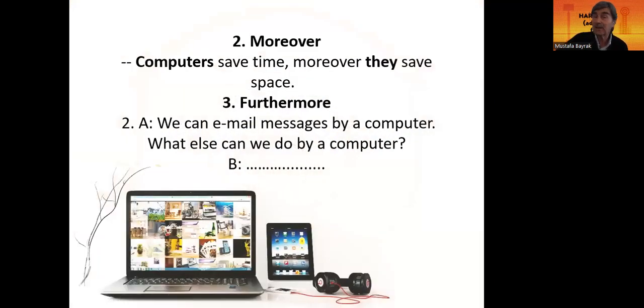Now with moreover, just like and, computers save time. Moreover, they save space. Computers save time and they save space. Simple present tense verb sentence. Modal sentence, for example: we can email messages by a computer. What else can we do by a computer?